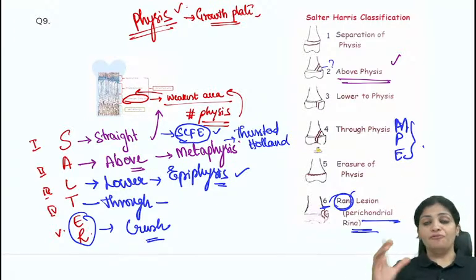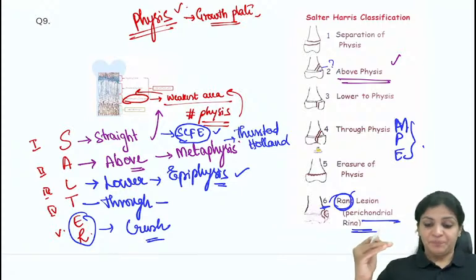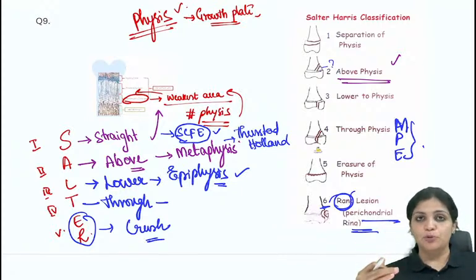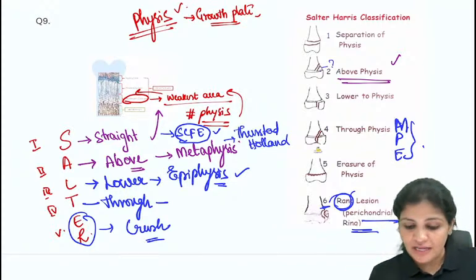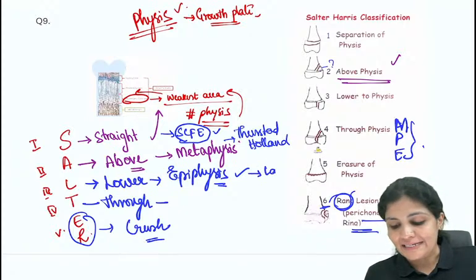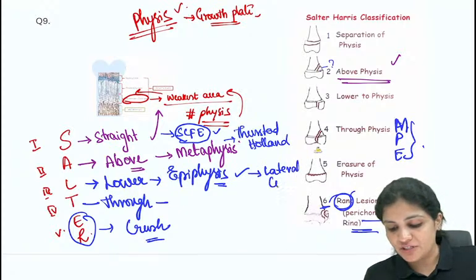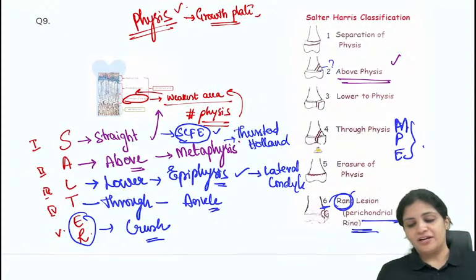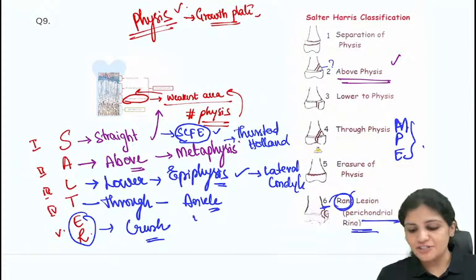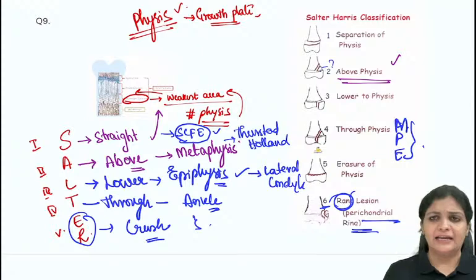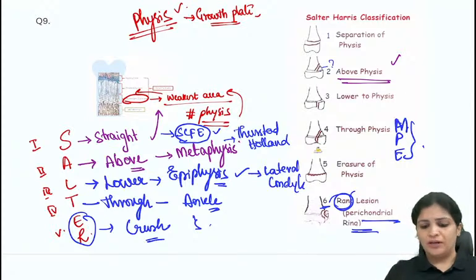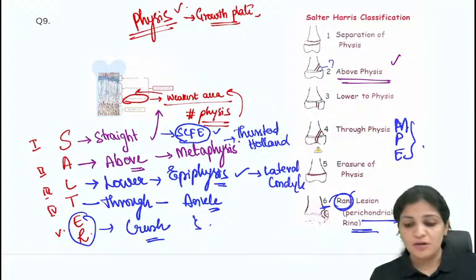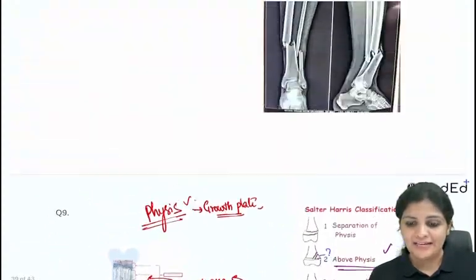An example of this straight type is SCFE. An example of the second type, type 2, is supracondylar fracture, and type 3 is lateral condyle fracture, and through is ankle. Usually the ankle fractures are through, and crush is for open injuries. Any crush injury or open injury, you can go for type 5, right? So this is very, very important. You have to remember that, your Salter-Harris classification.